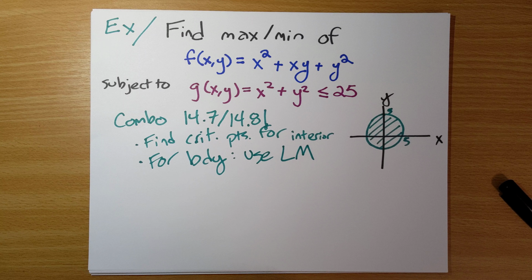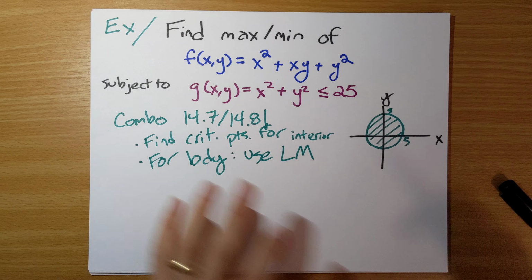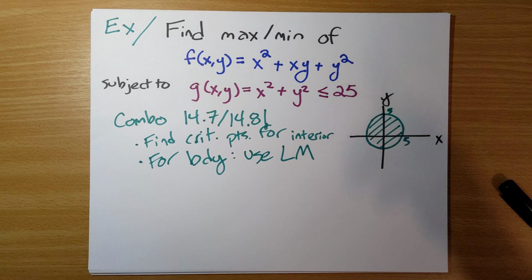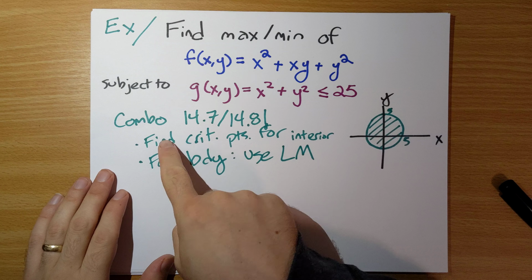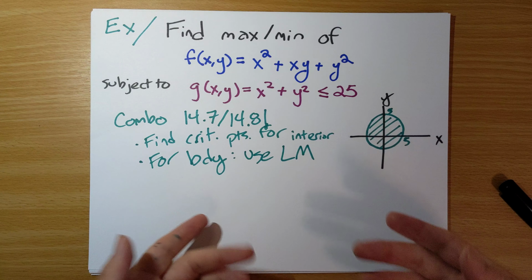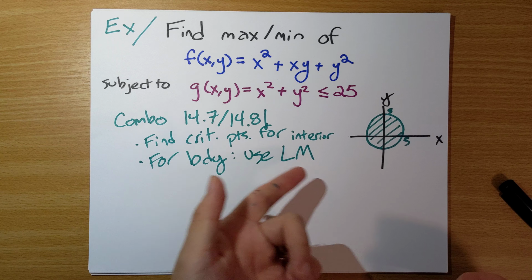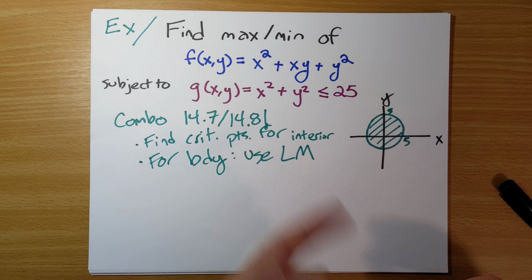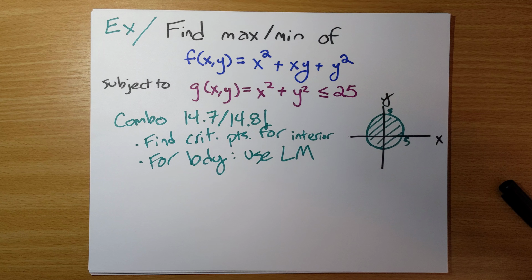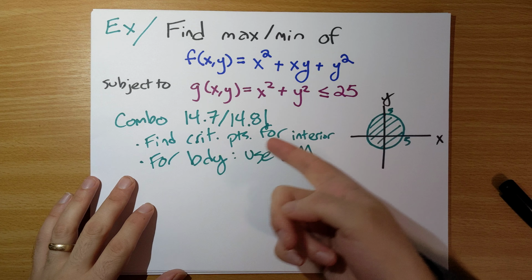So I think this is a good review of 14.7, along with throwing in 14.8 stuff. So let's get to work. Once we find the critical points in the interior and on the boundary, we just compare at the end of the day. So let's get to work.